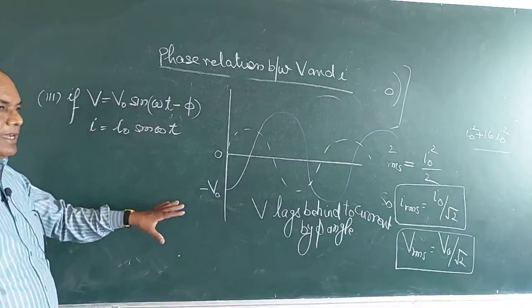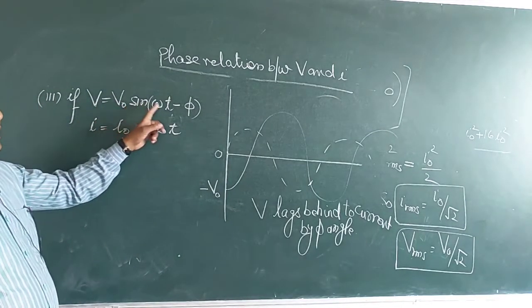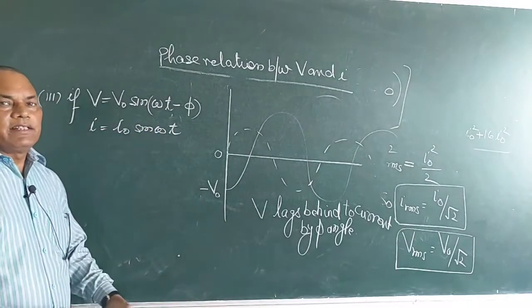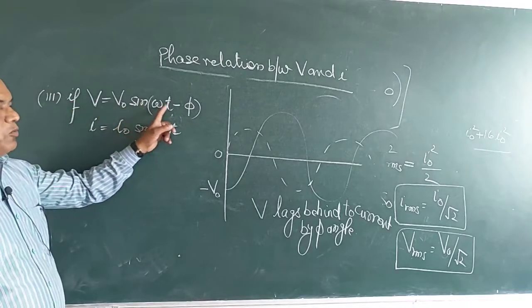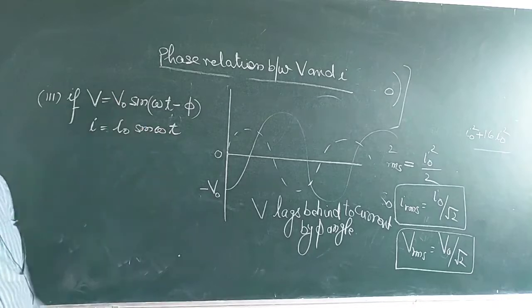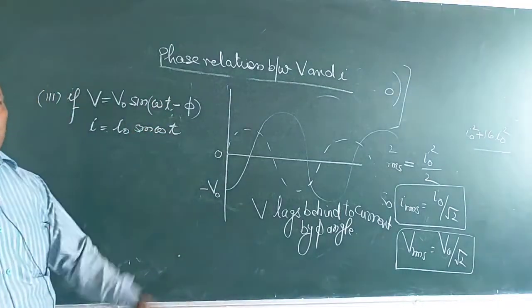So repeating again, in the first case, V equals V0 sin omega t, I equals I0 sin omega t, both are in the same phase. And if V equals V0 sin(omega t plus phi) and I equals I0 sin omega t, we can say voltage leads current by phi angle.